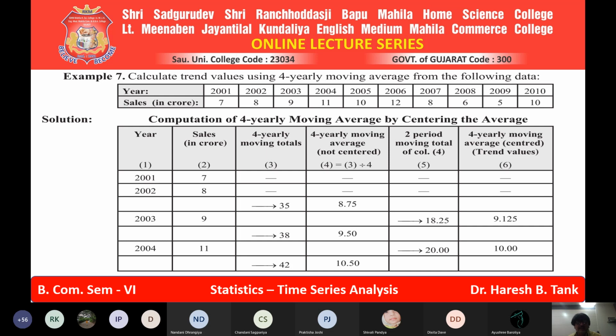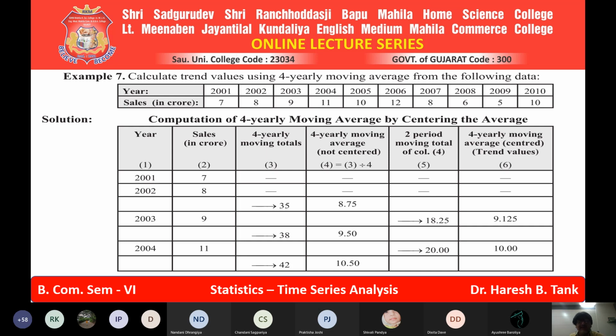The next column is the 2 period moving total, which is nothing but making a bunch of 2 and writing that total. 8.75 plus 9.5 becomes 18.25, and it is to be written in between these two entities, 8.75 and 9.5. In between 8.75 and 9.50 is against 2003. So naturally this process is named the centering process.